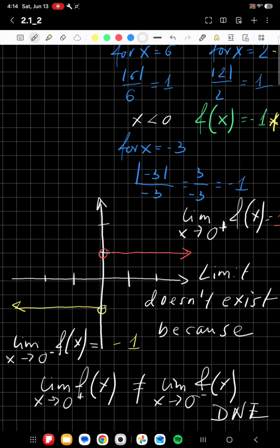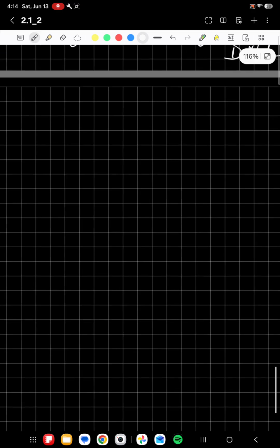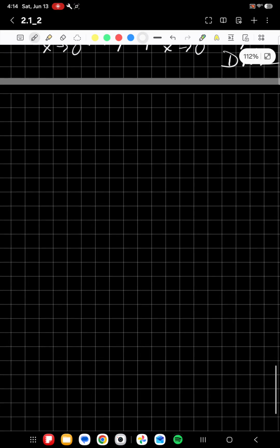All right, so that was one situation where the limit doesn't exist. Let me show you another situation. Let me just write the problem rather than writing out the whole sentence. So example 5.